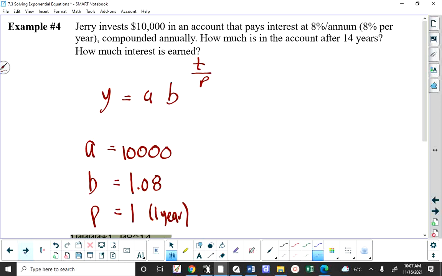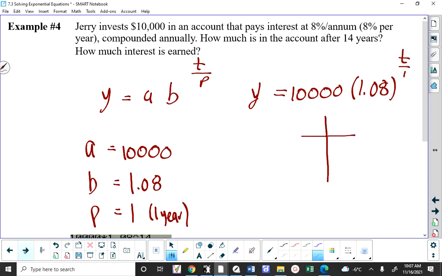So when we put those into this formula, we get y, which is Jerry's money, equals 10,000 times 1.08 raised to the t over 1. And we don't need to put over 1. You could just put raised to the t. How much is in the account after 14 years means this.